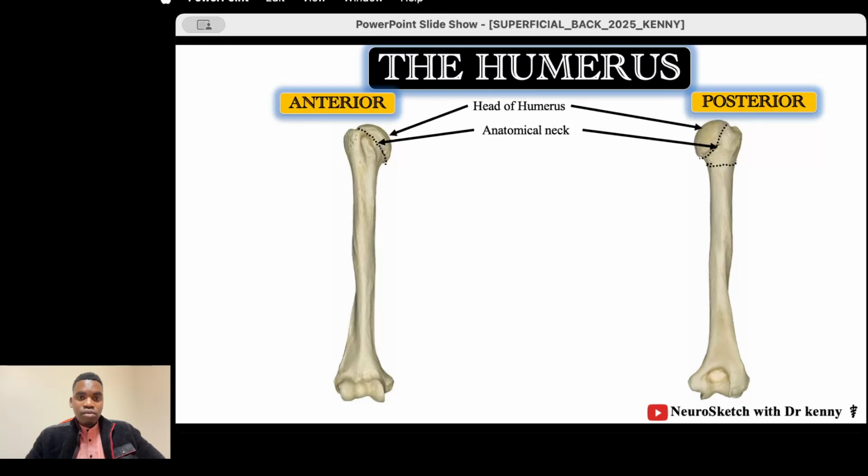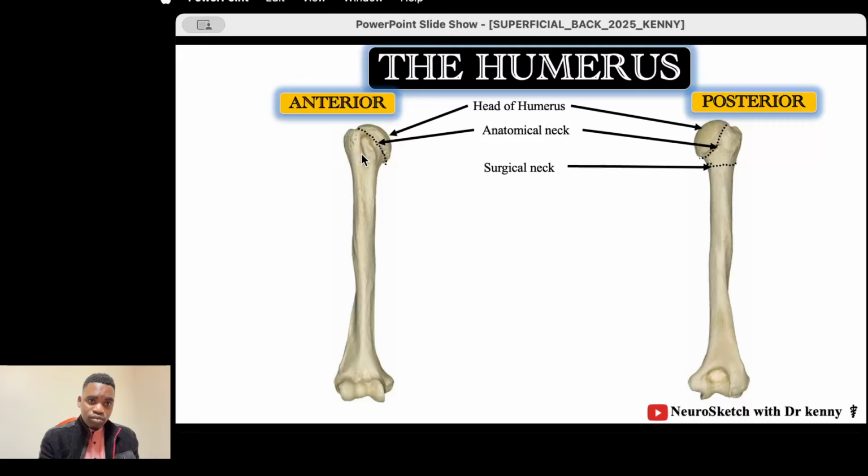So for that reason, the humerus has another neck, known as the surgical neck, to differentiate it from the anatomical neck. The humerus was created with the anatomical neck, but it is more often fractured at this point, so surgeons referred to this part as the surgical neck for the purpose of differentiating it from the anatomical neck. Never mind about that.